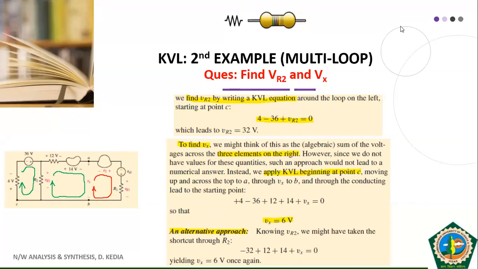In the bigger loop. Okay, tell me the values. So you are not audible. I'm saying, which loop should we use?